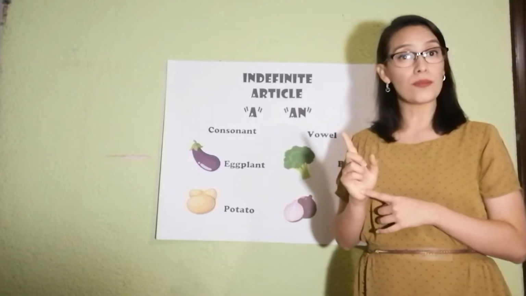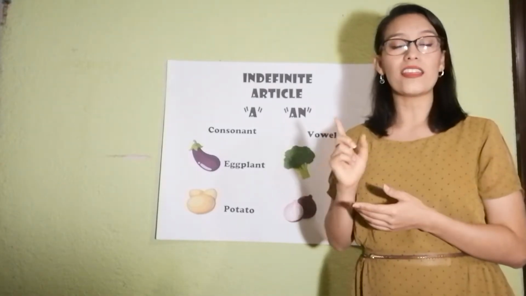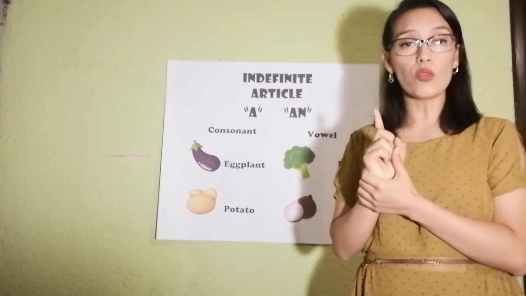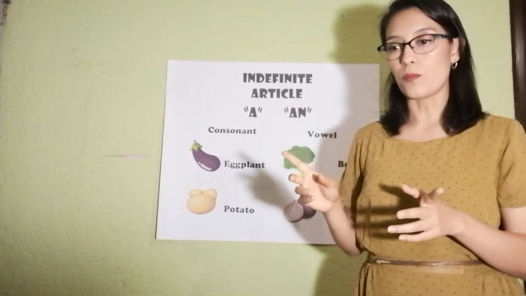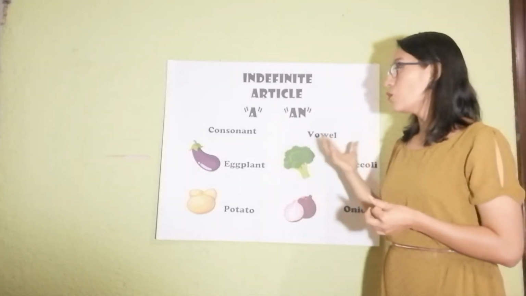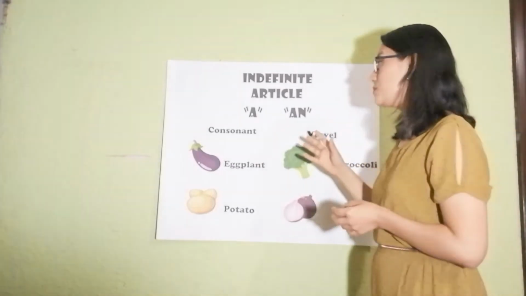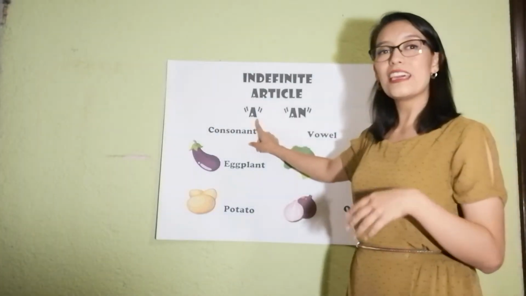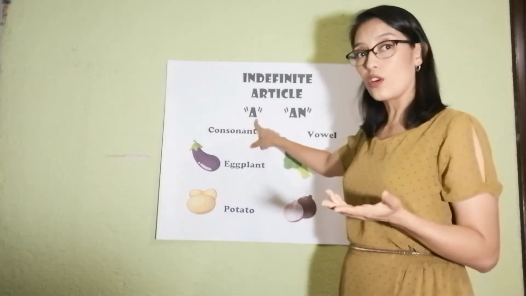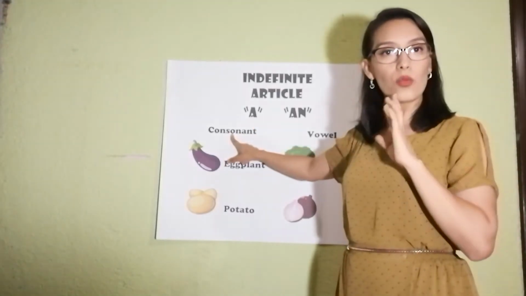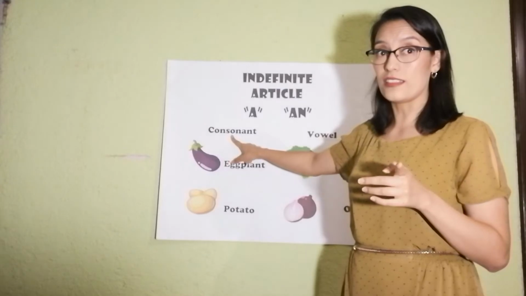Especially, we have to remember that we use them when the word is in singular. It has to be only one. So, how do we use the indefinite articles? We use it in this way. We will use a when the following word starts with a consonant or with the sound of a consonant.